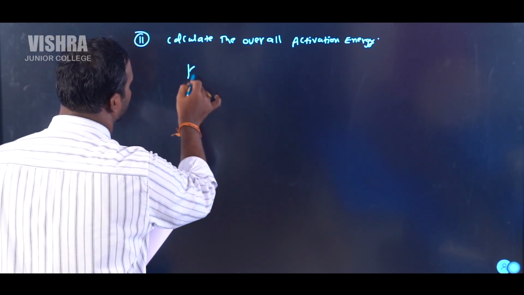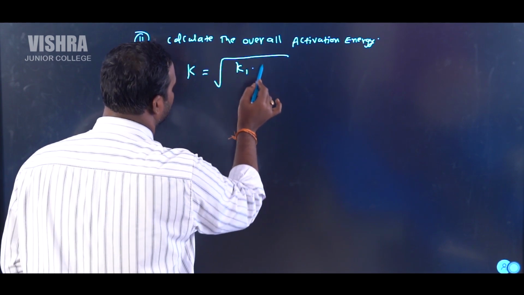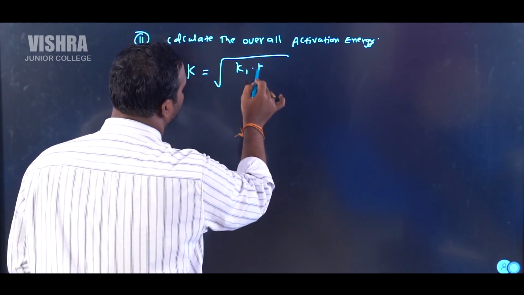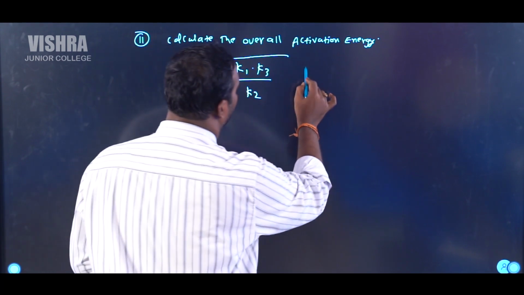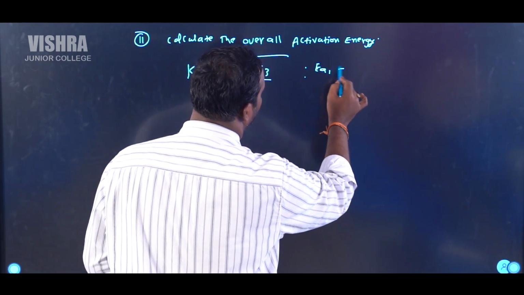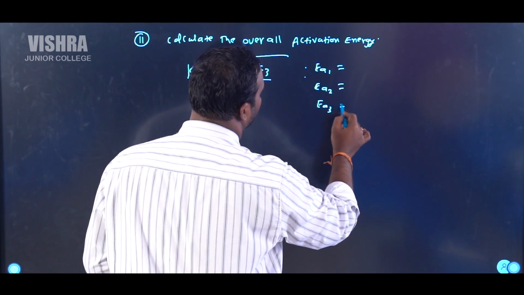Given the overall rate constant K is equal to the square root of K1 into K3 by K2, and they also gave the Ea1, Ea2 and Ea3 values.